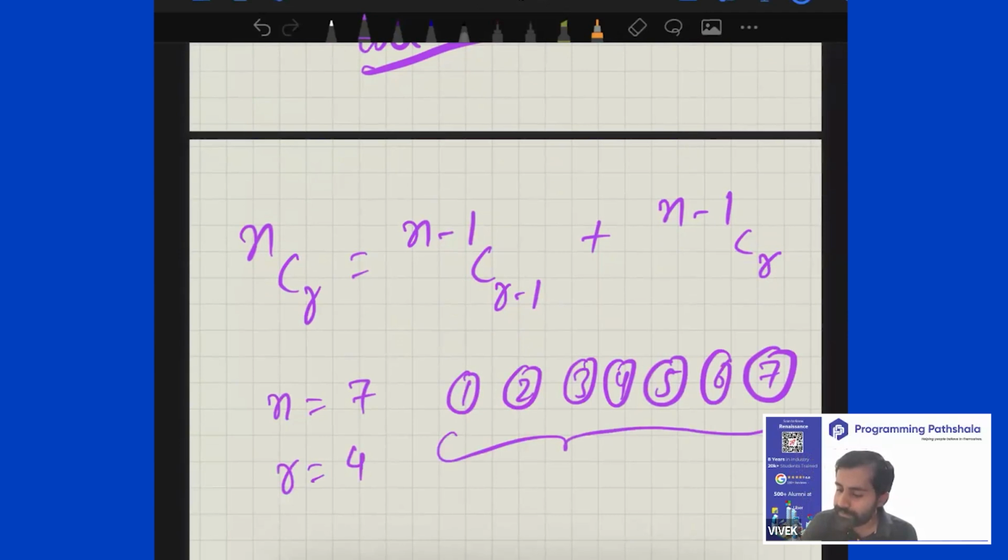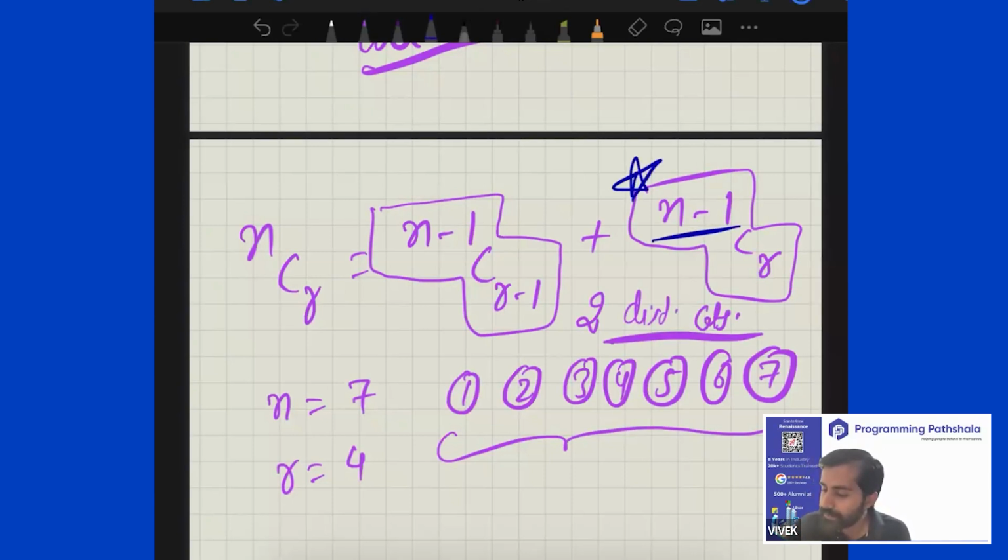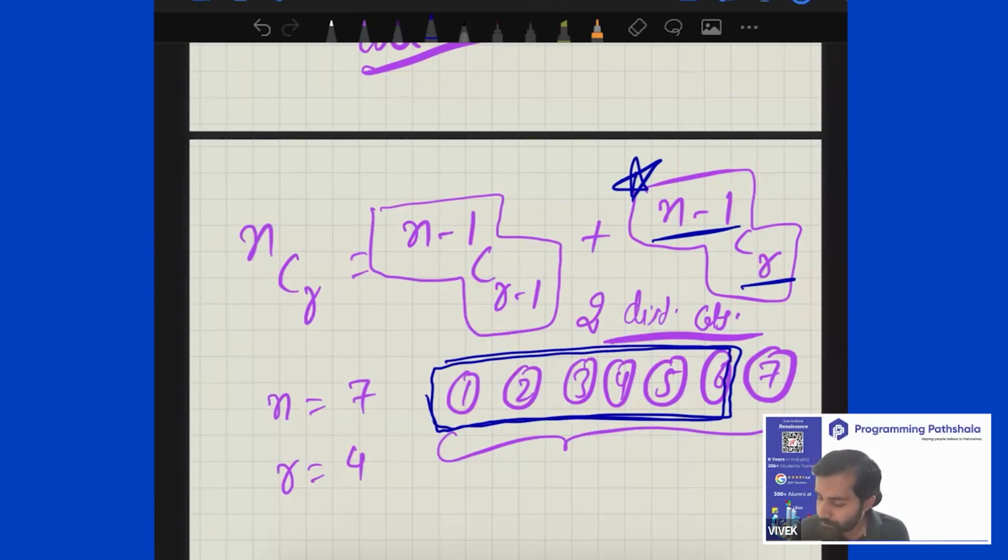Now when this thing is written, and this thing is written, it represents two distinct categories. Let me first talk about this category, (n-1)Cr. It means that we are picking 4 items out of these items only.